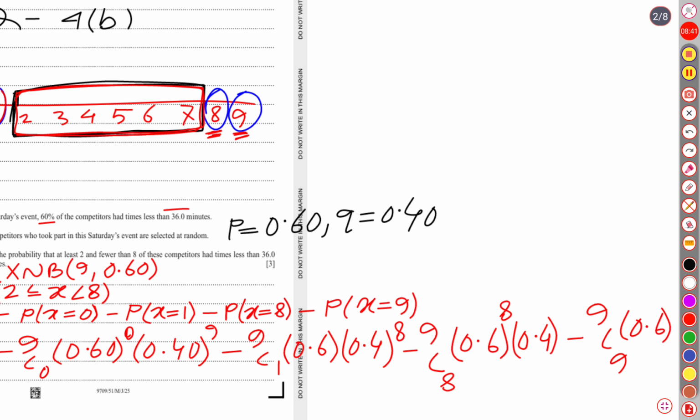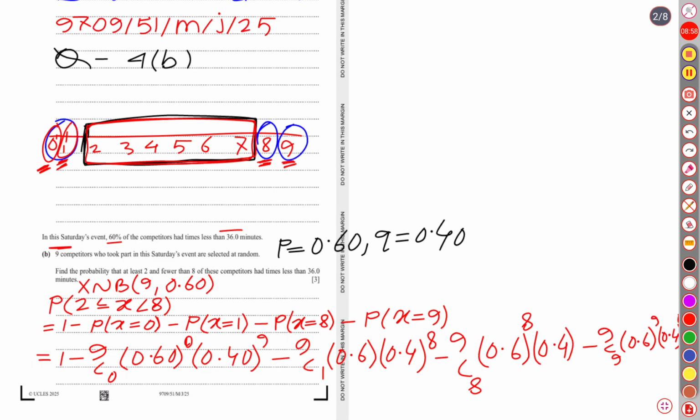All 9 people, there is no competitor left who took more than 36 minutes, so I will have to accommodate this beside it, 0.4 raised to 0. This is the scenario. From the whole probability, we are subtracting the probabilities of 0, 1, 8, and 9. That means the probability of these four parts is being subtracted from 1.